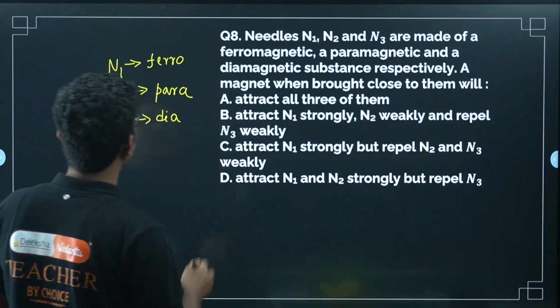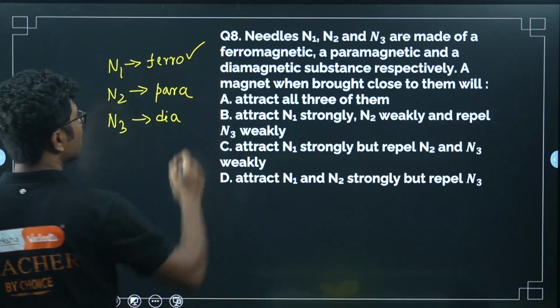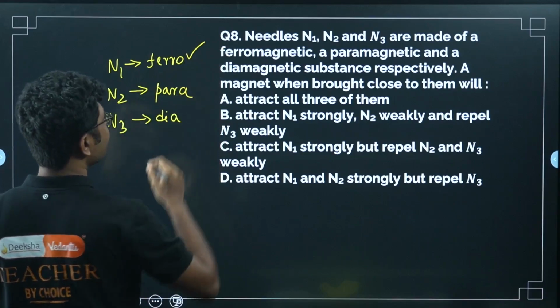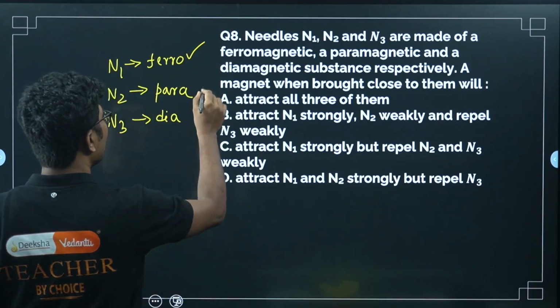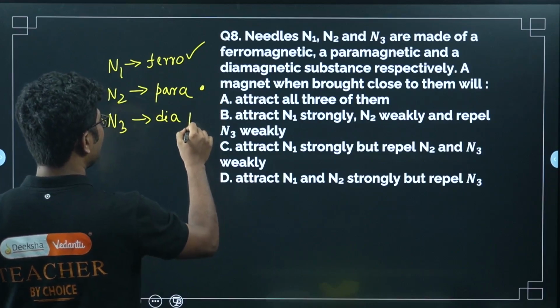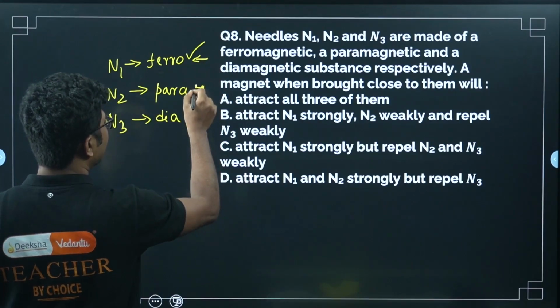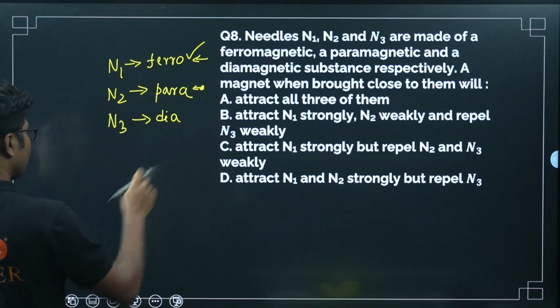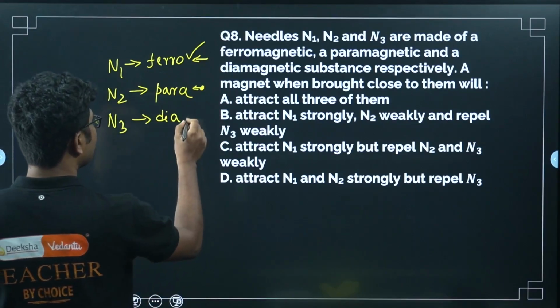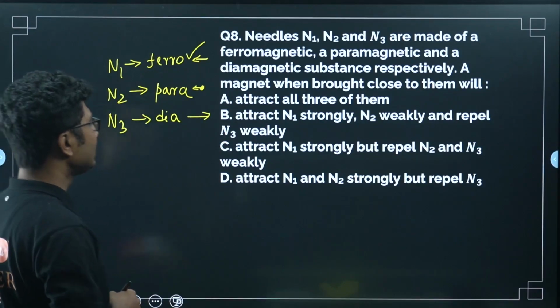Now if you bring a magnet, the ferromagnetic substance will be attracted, the paramagnetic substance will be attracted but weakly, but the diamagnetic substance will be repelled. So let's see the options one by one. They will be repelled, so I am giving the repel sign in this direction.